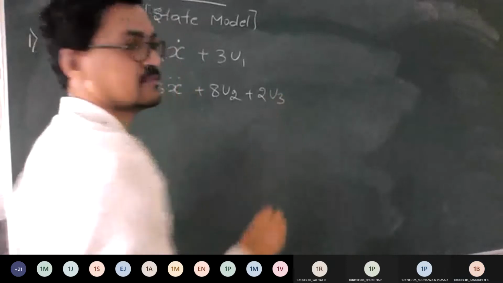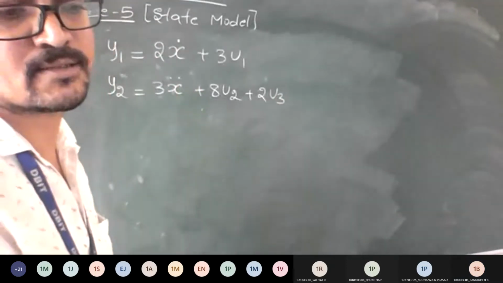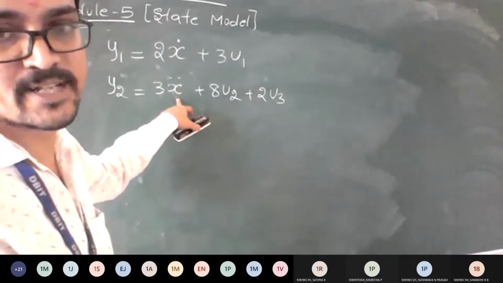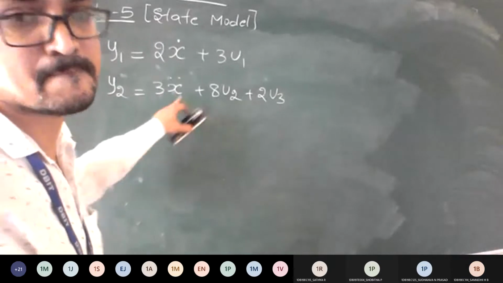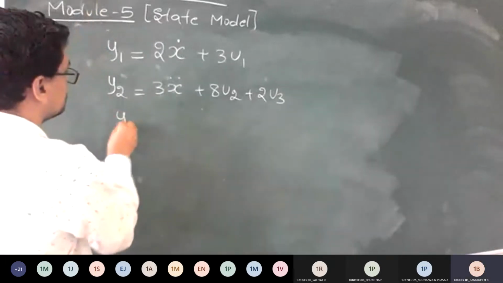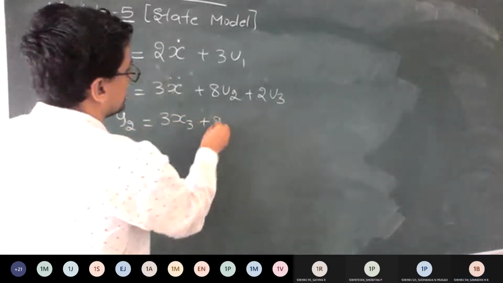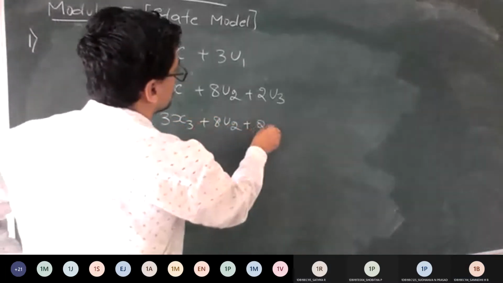Okay, fine. How to get the simplified answer for this? I hope you remember this. What does x double dot indicate? It is x3, is it 3 x3, guys? Plus 8 u2 plus 2 u3.